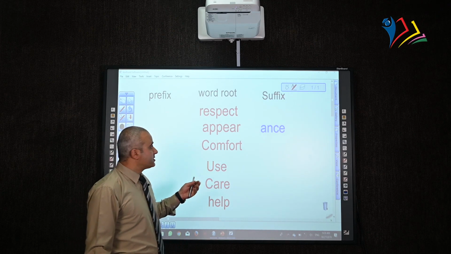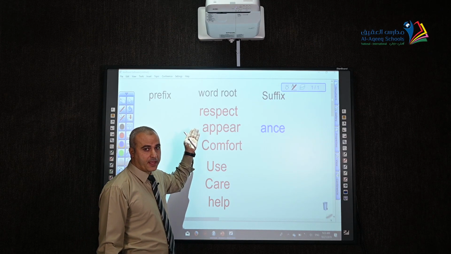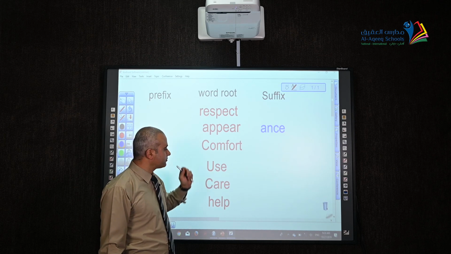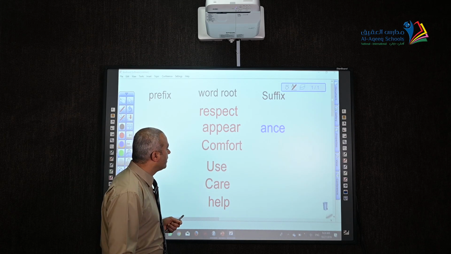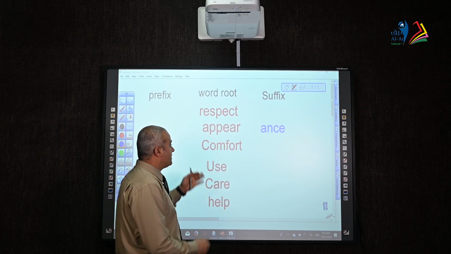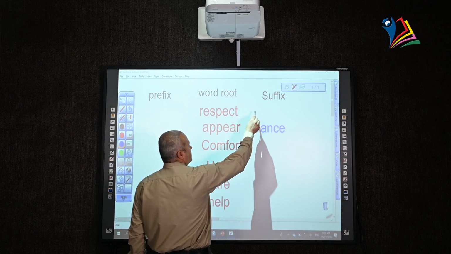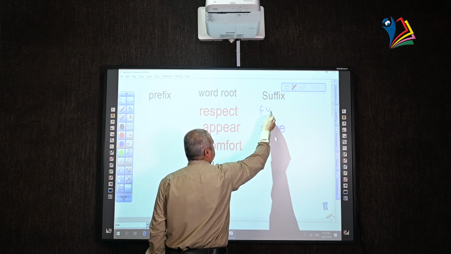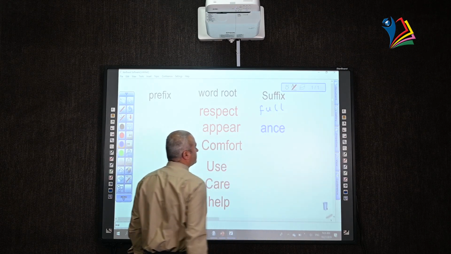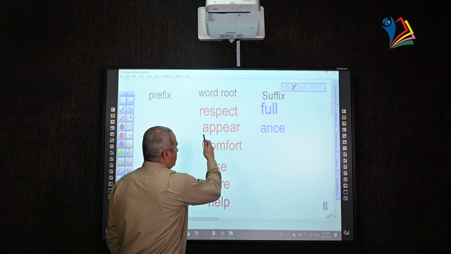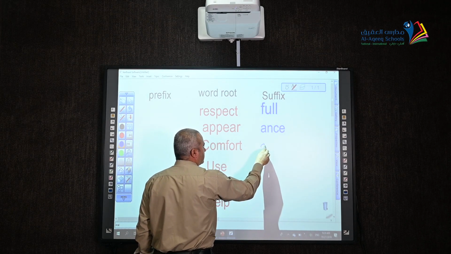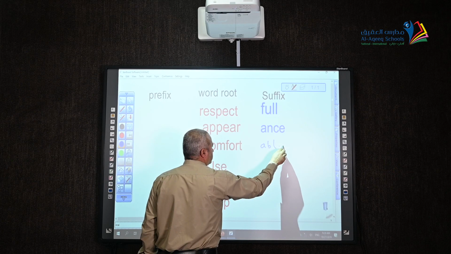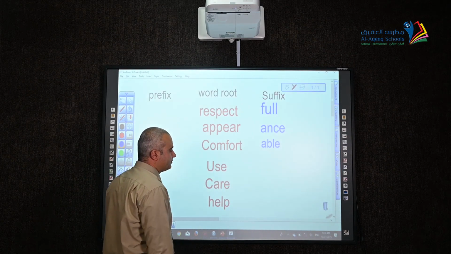Now let's have a close look at how we add prefixes and suffixes to some word roots. Here are some word roots like respect, appear, comfort. Also, we have use, care, help. To respect, we can add the suffix -ful. Appear, appearance. Comfort, able, comfortable.